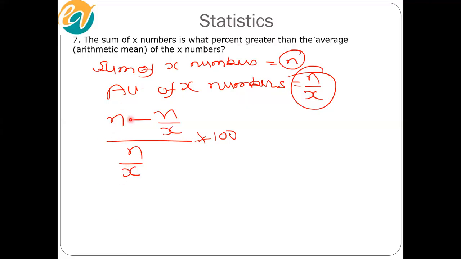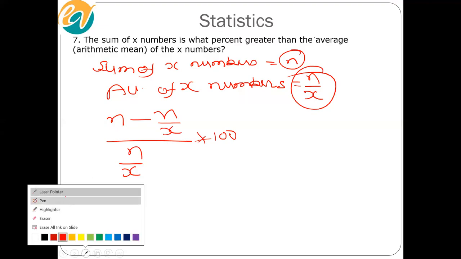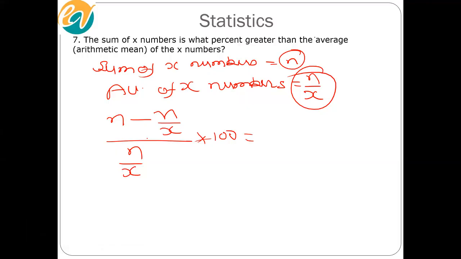So N actually gets cancelled from the numerator and denominator. So anyway, let's continue with this. Obviously the LCM is x in the numerator. So (Nx minus N) divided by N by x into 100, right?